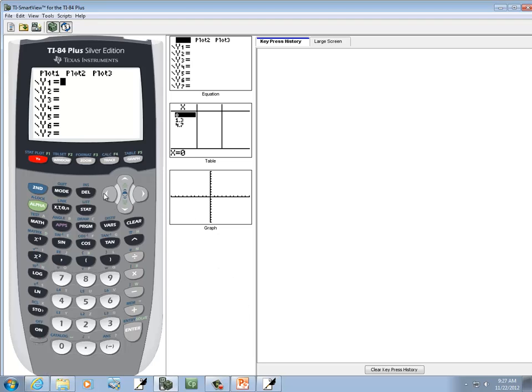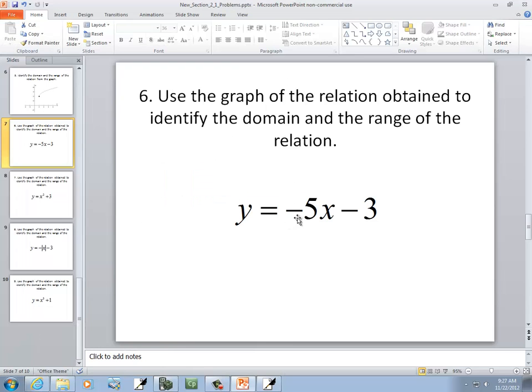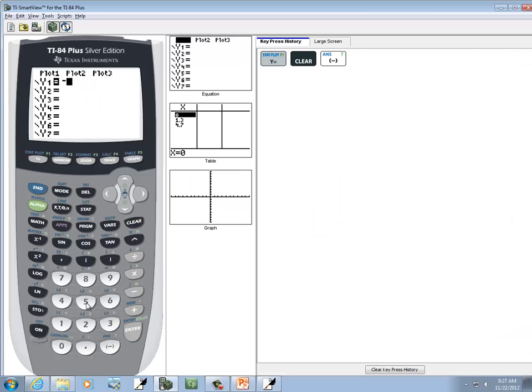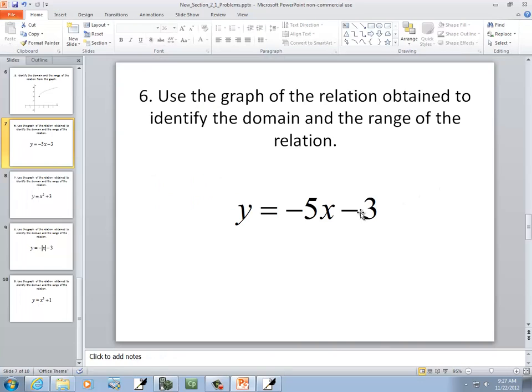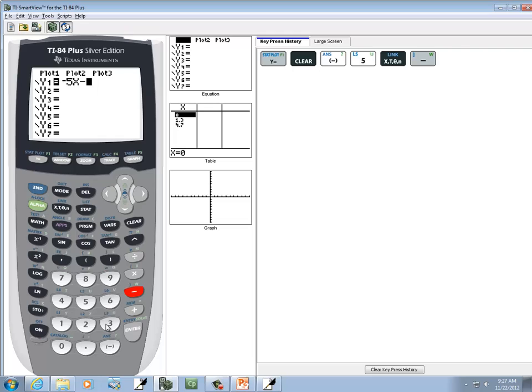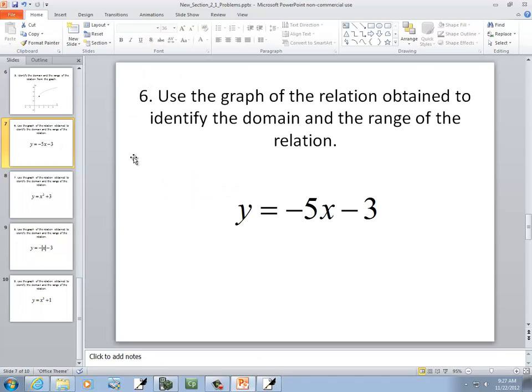Okay, so I'm going to press y equals, press clear. I was already there, but I like for you to see the buttons here. Now this dash is the very beginning of our problem, so that's a negative. So we'll do negative 5x. And this dash is between two things, so this is a minus. So minus 3. And then graph. Okay.